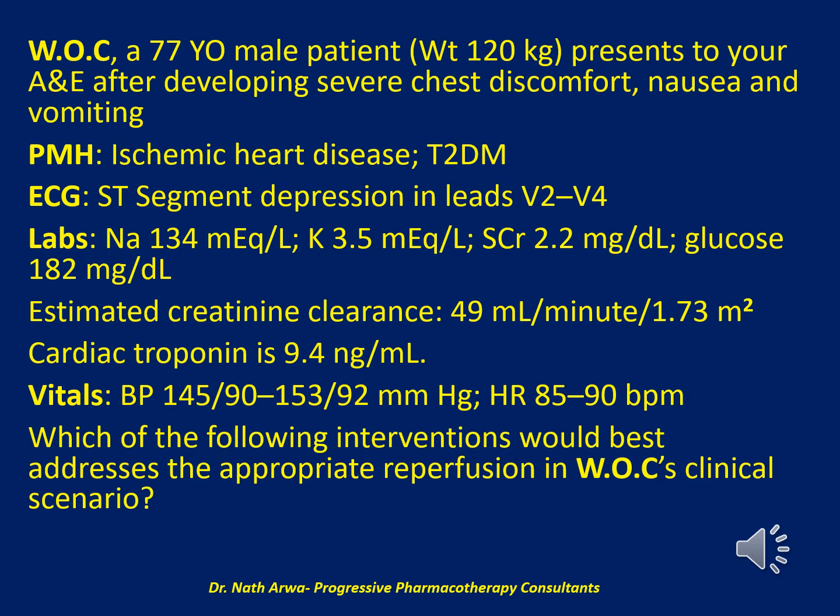His cardiac troponin is 9.4 nanograms per milliliter. His vitals include a blood pressure range from 145 systolic and 90 diastolic to 153 systolic and 92 diastolic, a heart rate of 85 to 90 beats per minute. So my question to you is, which of the following interventions would best address the appropriate reperfusion in WOC's clinical scenario?